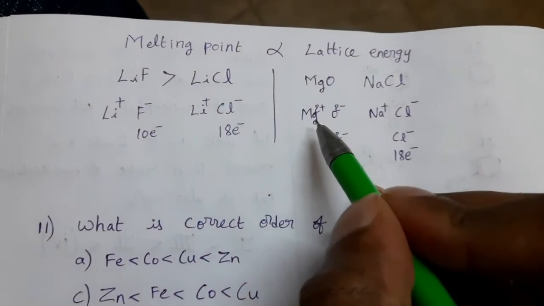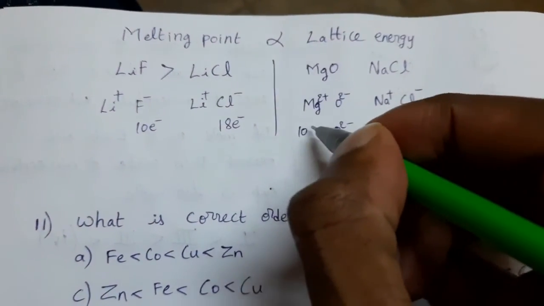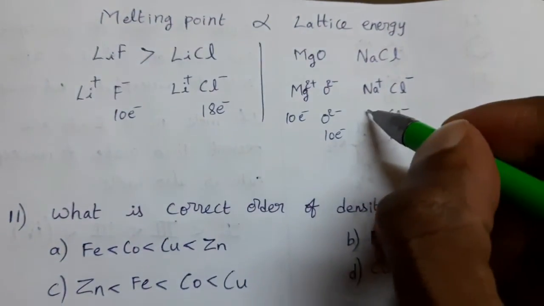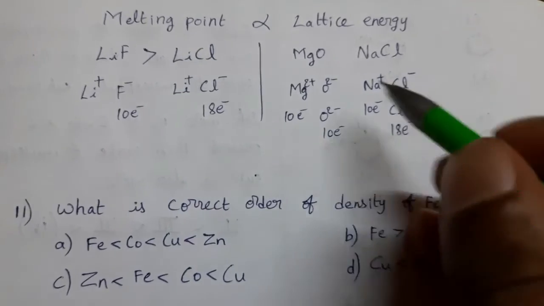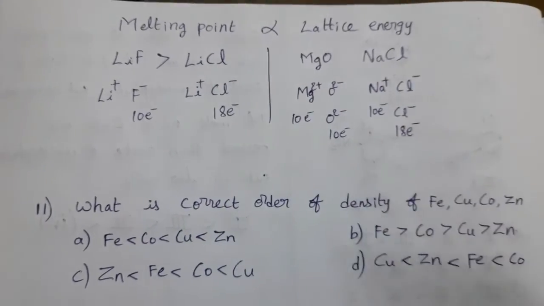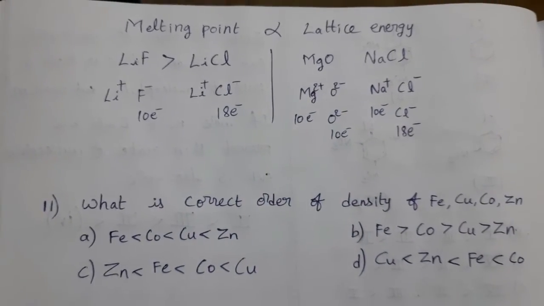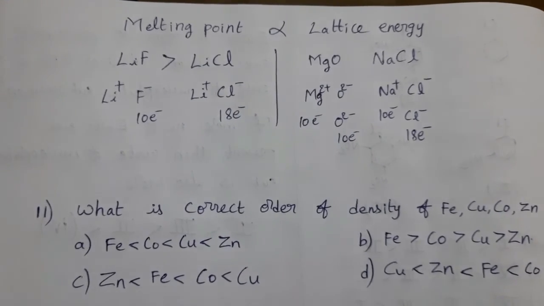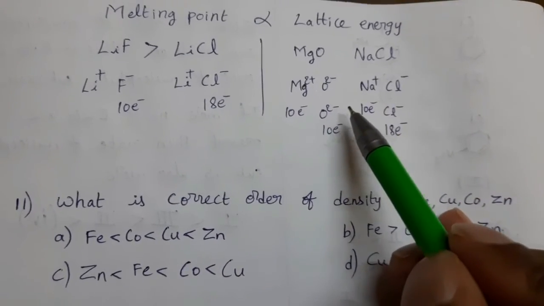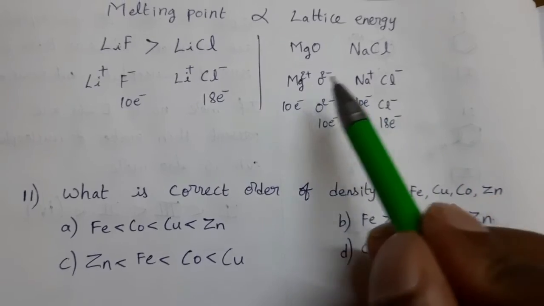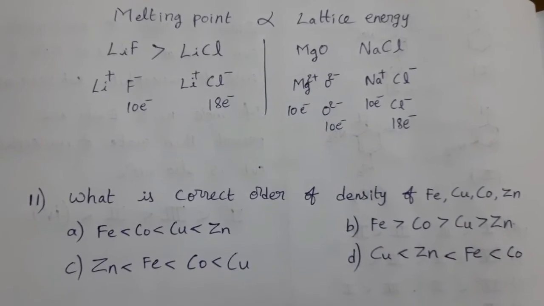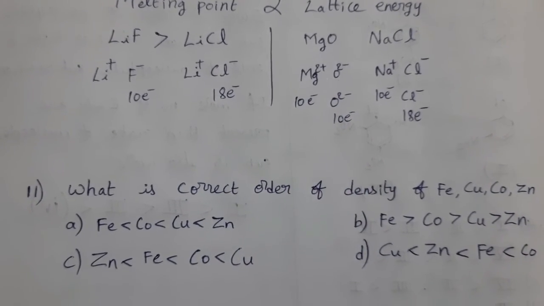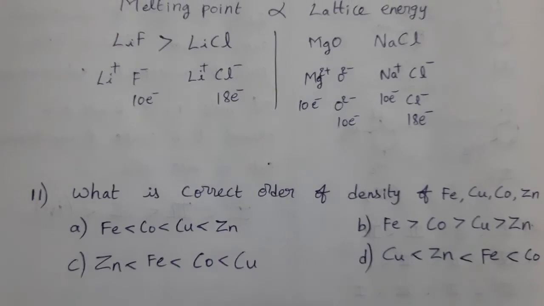Mg2 plus, how many electrons? 10 electrons. Na plus, how many electrons? 10 electrons. Though these two cations are different, the number of electrons is the same. That's why we compare anion size, and based on that we can decide the lattice energy. I hope you understood this one.